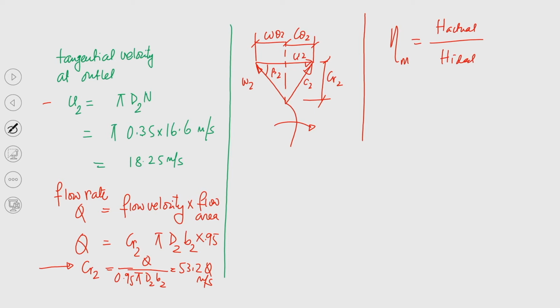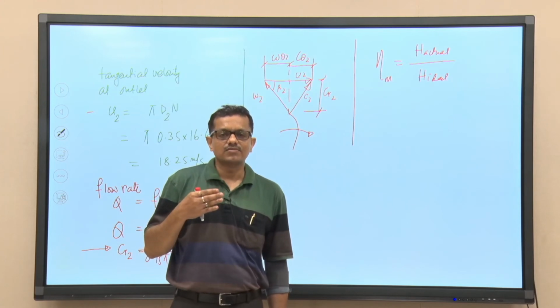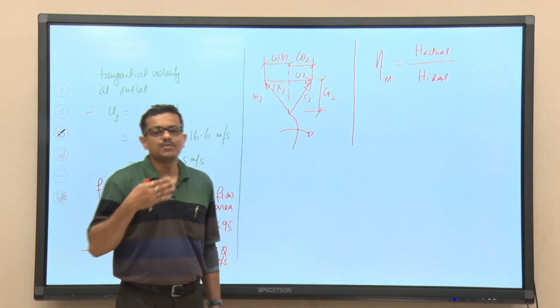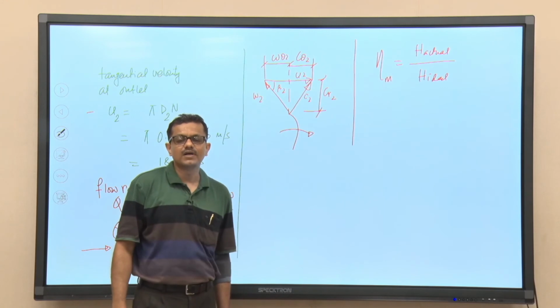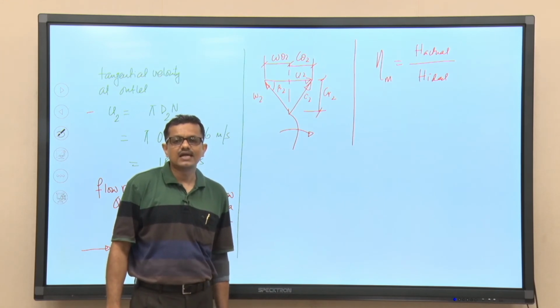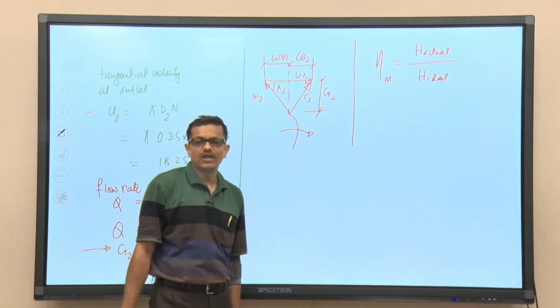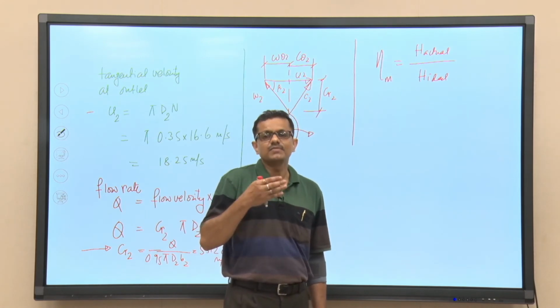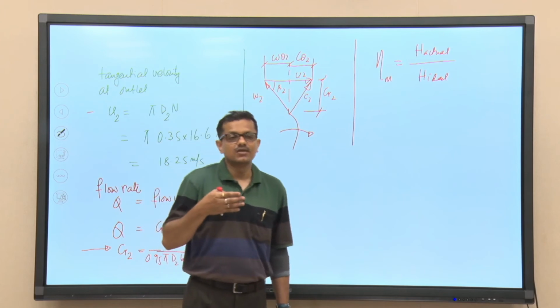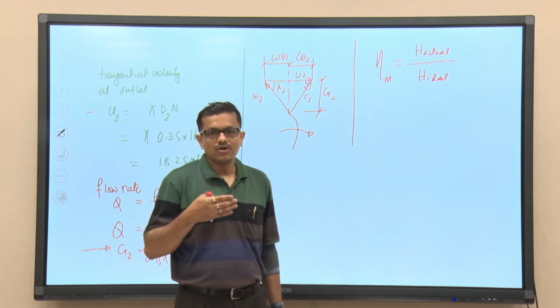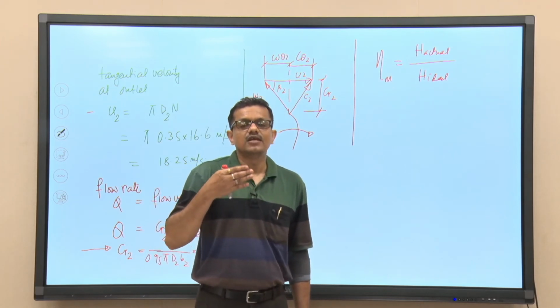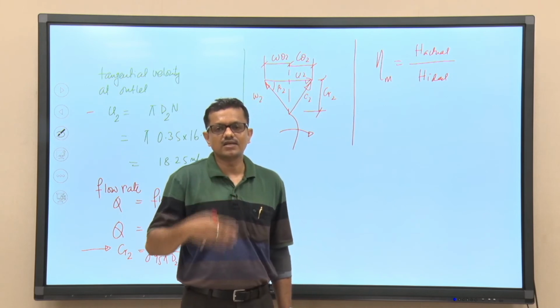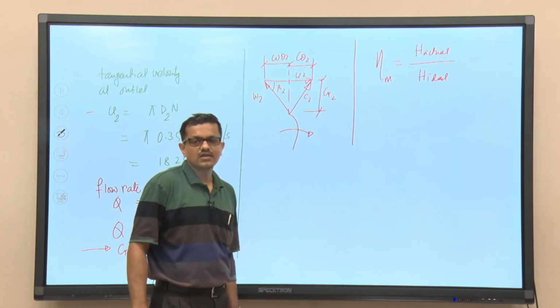Just for the recapitulation I am telling you that the Euler equation is used to calculate the head that will be developed by the pump, but mind it, that head is not the actual head, because when we derived the Euler equation for pumps, we did not take the losses due to friction and other minor losses into account.